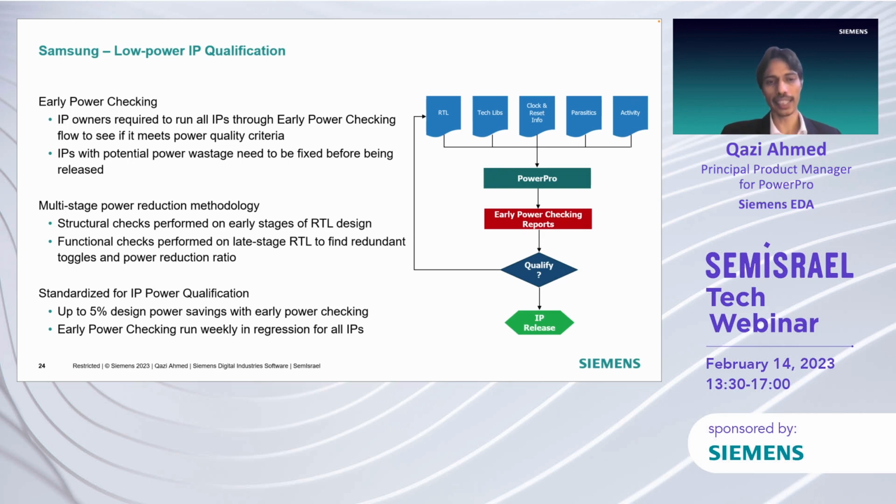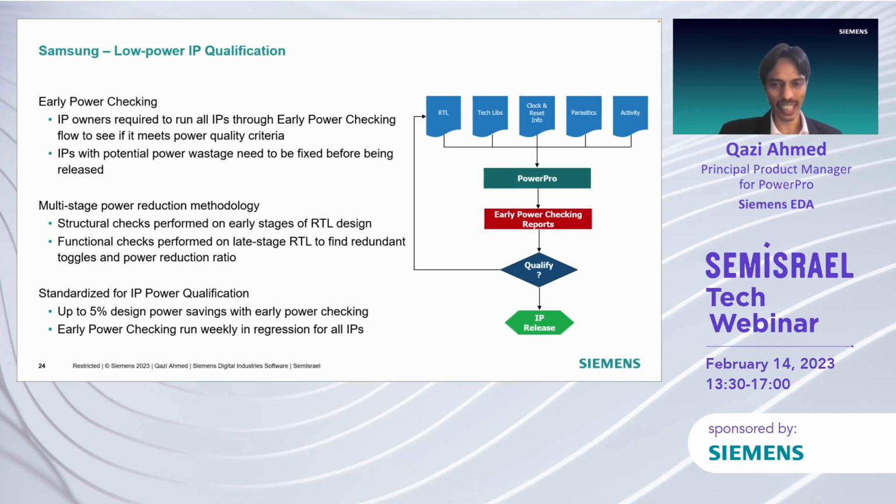Then on the second side, after performing this early stage functional and structural checking, they also do power estimation and optimization. So they run average power analysis, time-based power analysis, and then they try to identify the different workloads which have regular toggle profiles, and they think these are places where the average power is higher than we expected it to be, and they run power optimization.